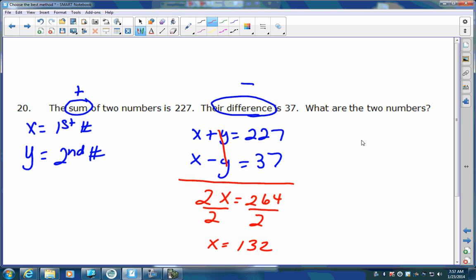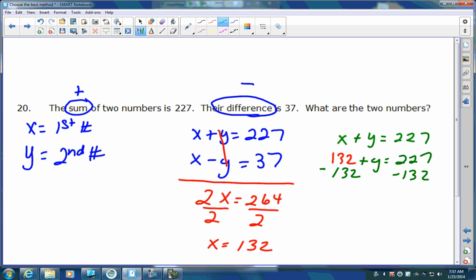Well, I'm going to use x plus y equals 227. If I know x is 132, subtract 132. What's y equal? What is that? 95.